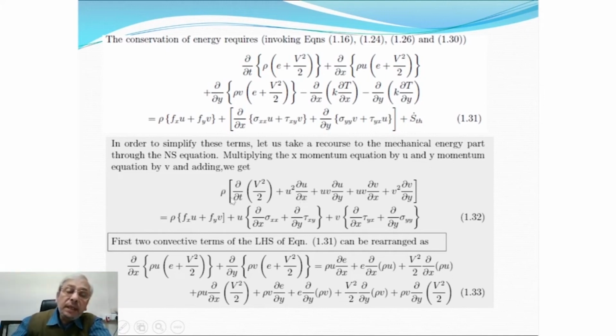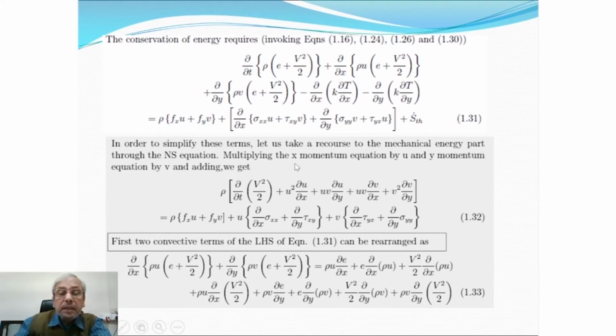So we get this equation. I'm not doing it term by term. You can easily understand it, or you can write down the full Navier-Stokes equations in 2 dimensions, the x and y momentum equations. Multiply the x momentum equation by u and the y momentum equation by v and add them.